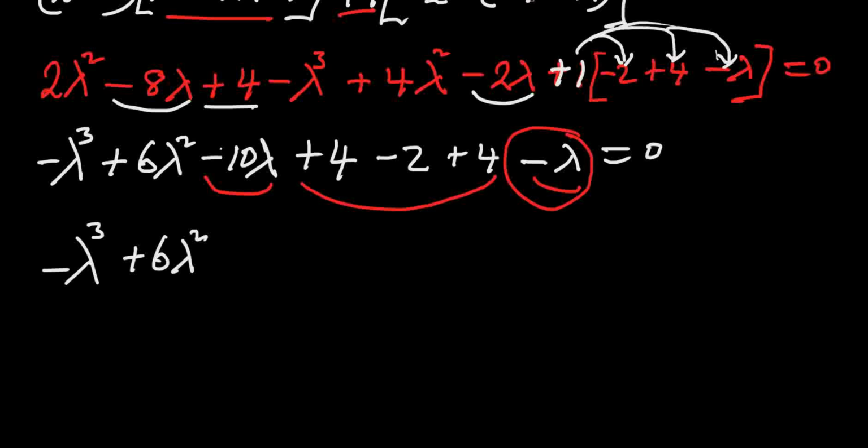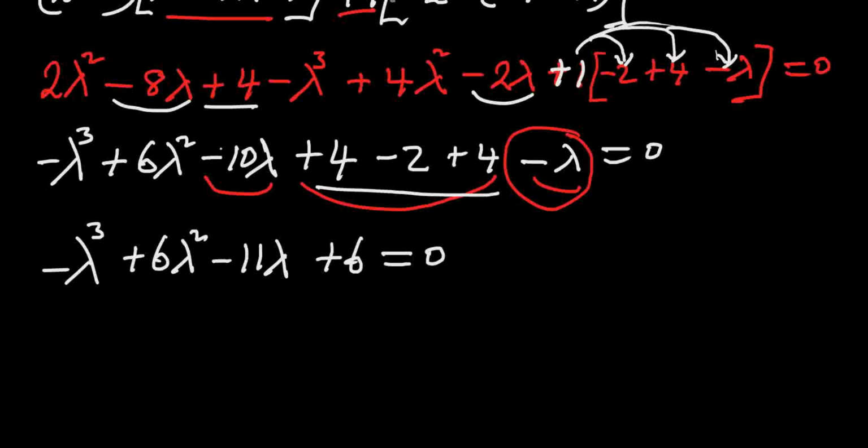If we combine these two, this would give us negative 11 lambda. And remember, this gave us 6, so plus 6 equals 0. So we now have negative lambda cube plus 6 lambda squared minus 11 lambda plus 6 equals 0.